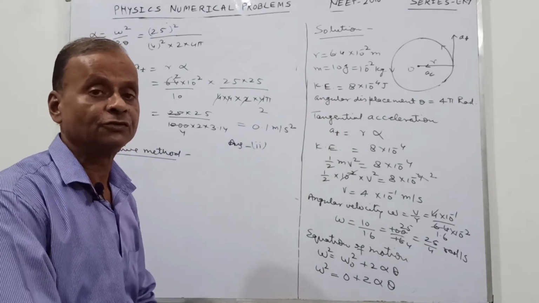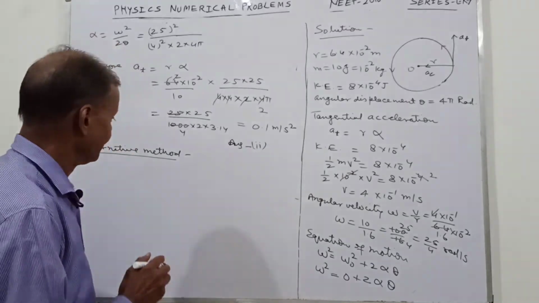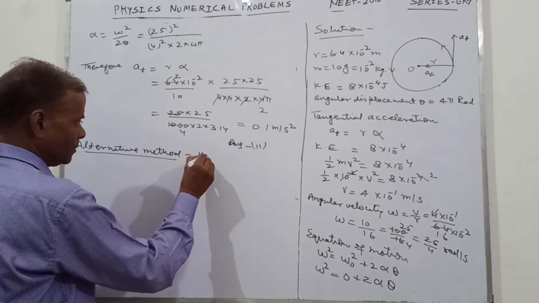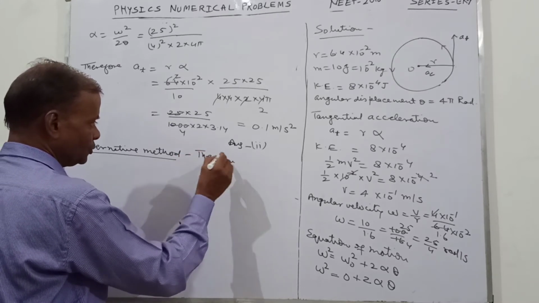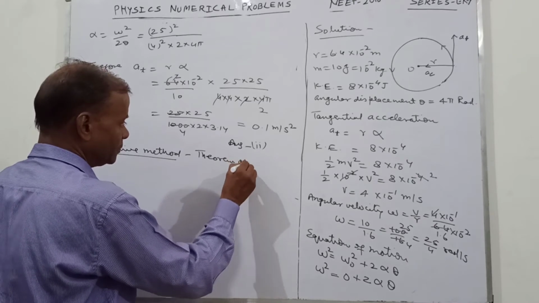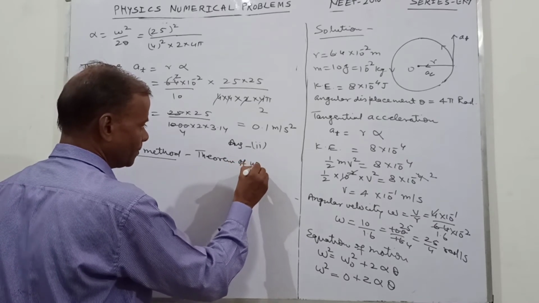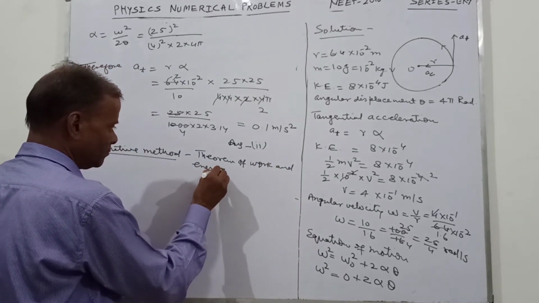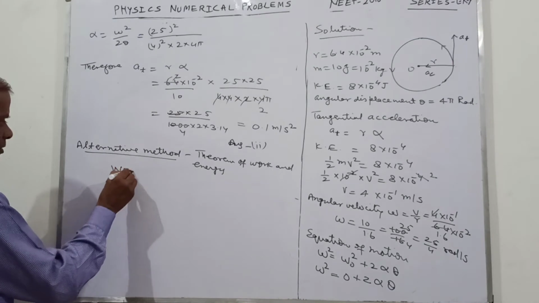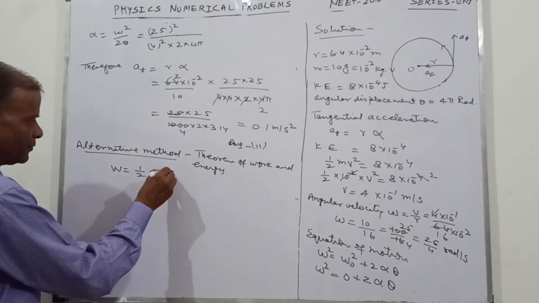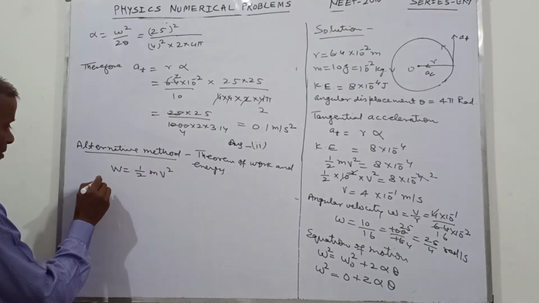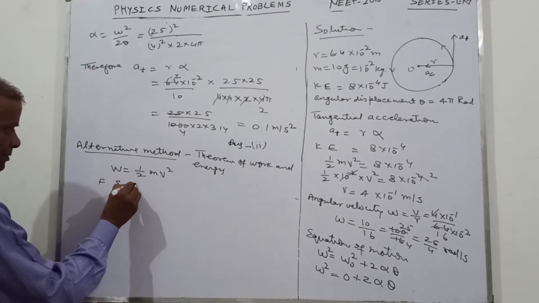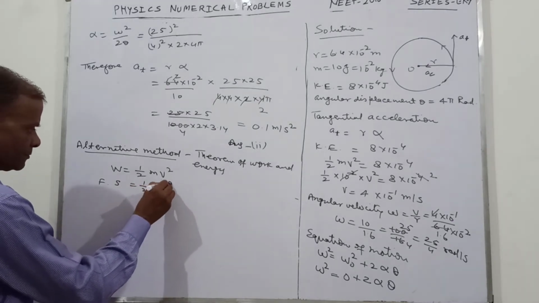So we apply the theorem of work and energy. What? This W equal to half mv square. So what we have, this W equal to F into S, which is equal to half mv square.